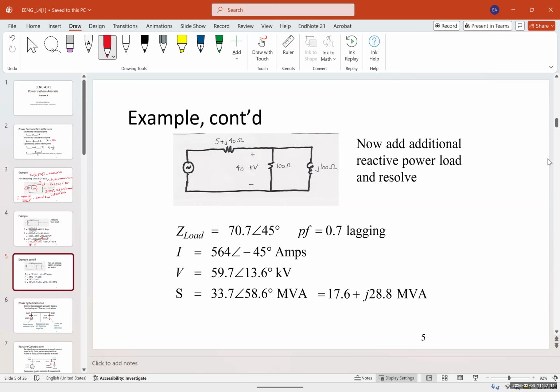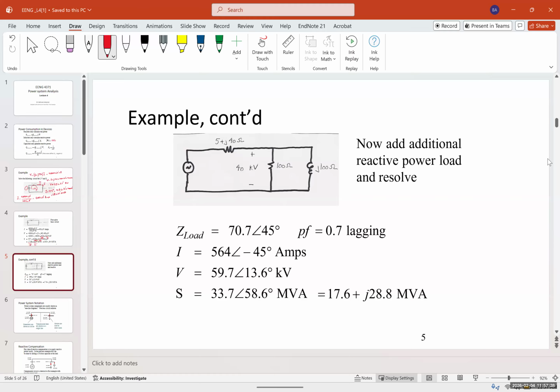If we want to find Z load, it's going to be the impedance of the resistor in parallel with the impedance of the inductor. Z load is going to be ZR times ZL over ZR plus ZL.